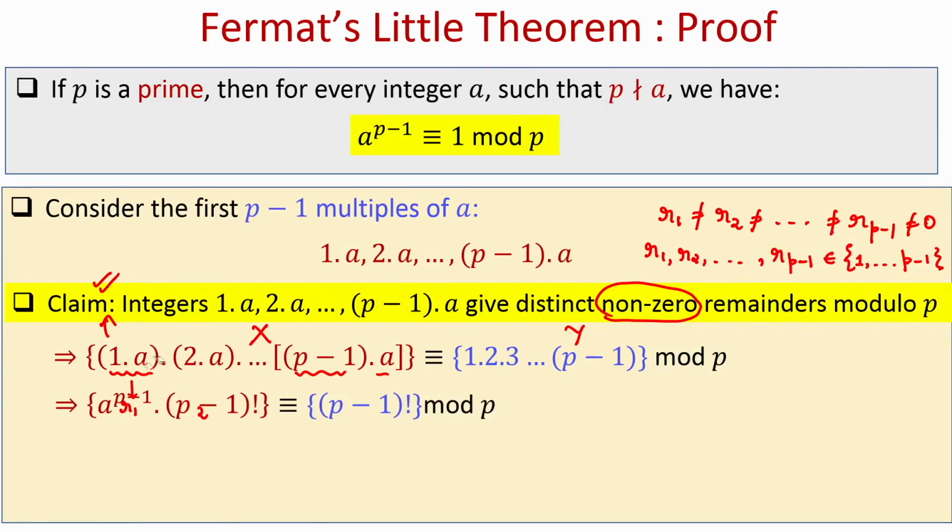So, now I can say the following. If you see the expression x, the value a is appearing p minus 1 times. So, I can take out a to the power p minus 1 outside, and then if I collect the product of 1 2 up to p minus 1, that will be p minus 1 factorial, whereas in my right hand side, namely y, I have p minus 1 factorial, because that is the product of 1 2 up to p minus 1.